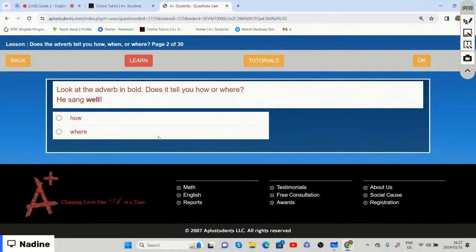All right, so look at the adverb in bold. Does it tell you how or does it tell you when? Where? He sang well. Is it how or where? I'm saying look at the adverb in bold.